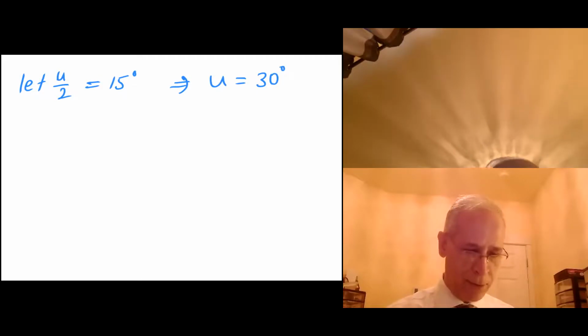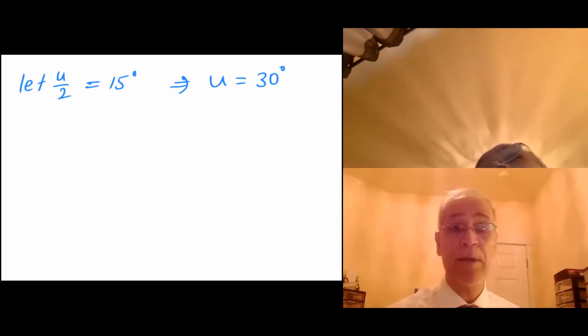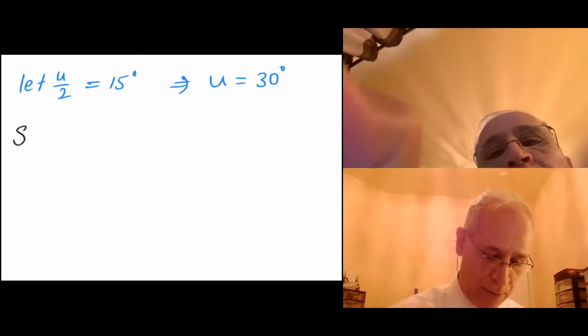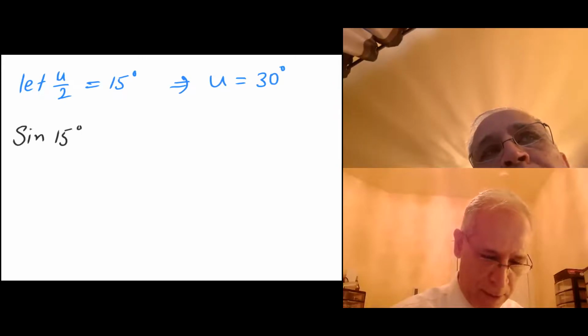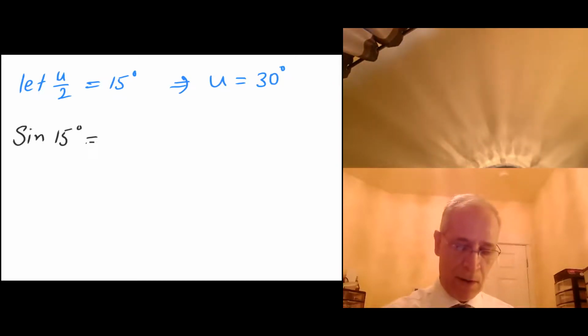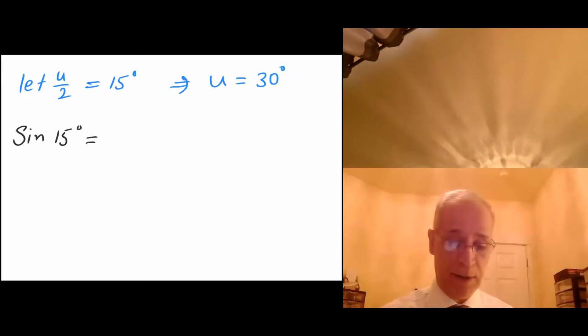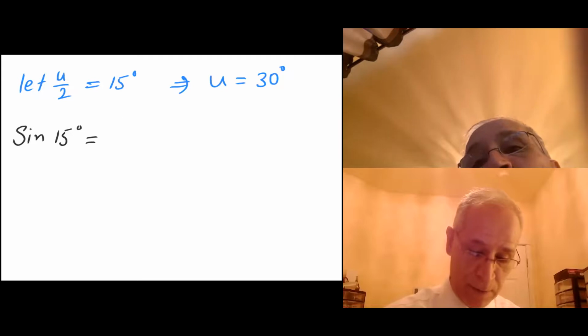So sine of 15 degrees, according to the identity from the previous page, equals, I'm not going to write plus and minus because 15 degrees is in quadrant 1. I need only the positive root.